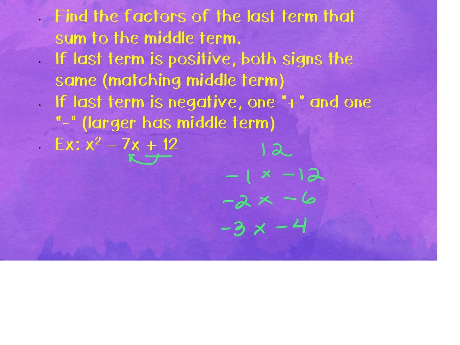So what I'm looking for now are two numbers that when I multiply them, give me positive 12. But when I add those same two numbers, I get negative 7.